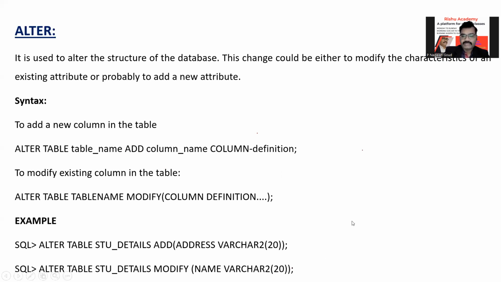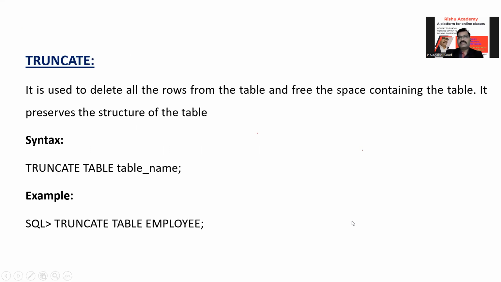The next one is truncate. Truncate allows us to delete all the rows of the table, including the memory allocated for the rows. Once the rows are truncated, you cannot roll back the deleted rows, which means you cannot restore them.